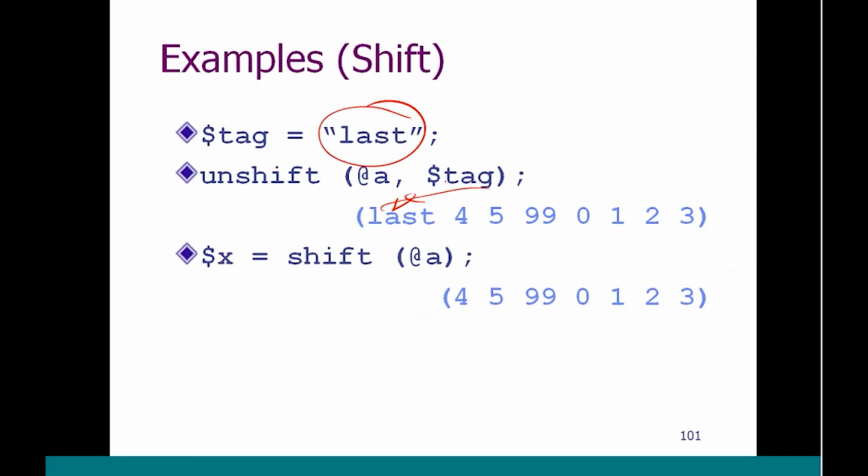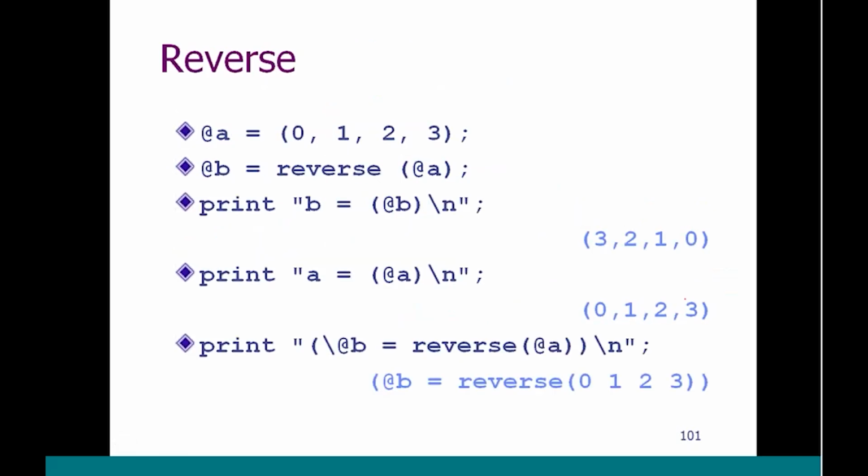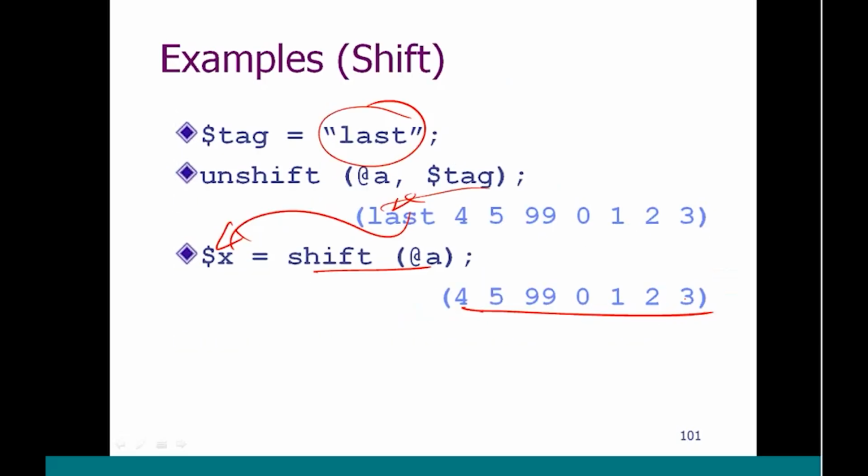And then if you do $x equal to shift @A, then last gets assigned to $x and the array becomes just 4 5 99 0 1 2 3. So I think I'm going to stop at this point.